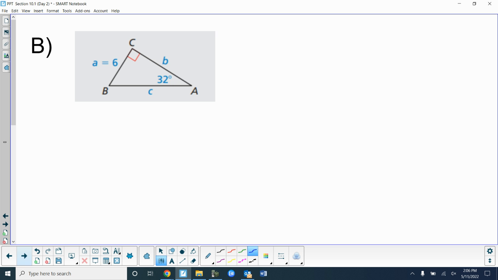Here's another one, just like it. I'm going to find angle B by going 90 minus 32, which would be 58. So that's one answer.